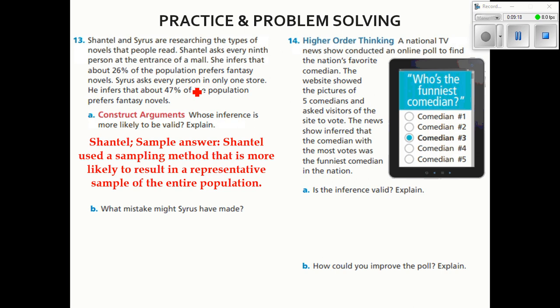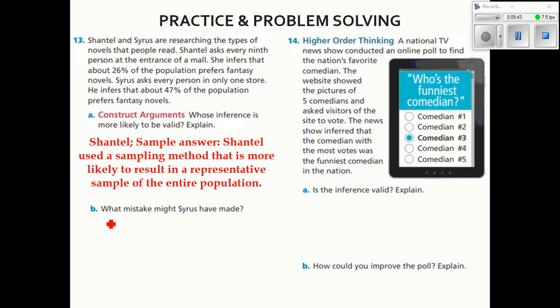Every person in one store is only going to give me the information from the people in that store. And what if that store, since they're talking about fantasy novels, was a game store? Those particular people really like gaming. They're going to get into fantasy type of things.